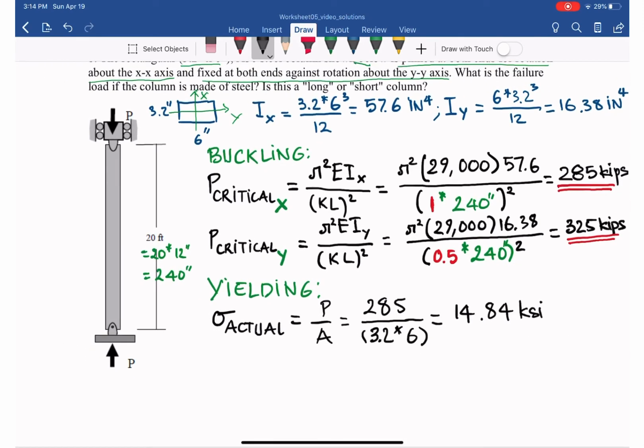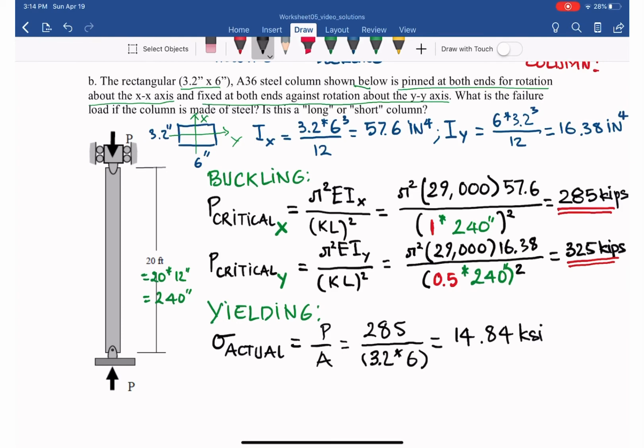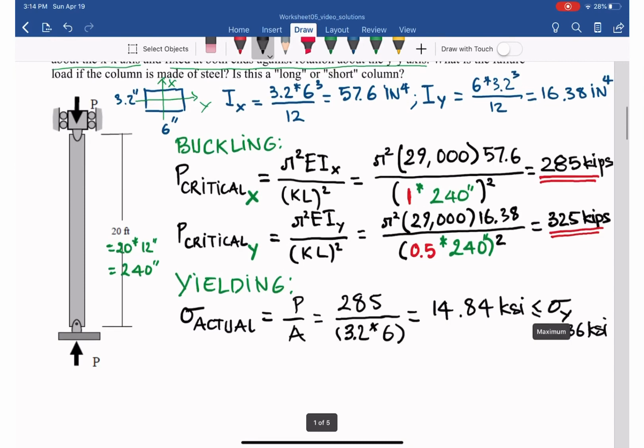If it buckles about x with 285 kips, the actual normal stress is 14.84 ksi, compared to the yield stress for A36 steel of 36 ksi. As you can see, it is less than the yield stress, 36 ksi. So we can say it is not yielding with the 285 kip load that buckles it about the x-axis.